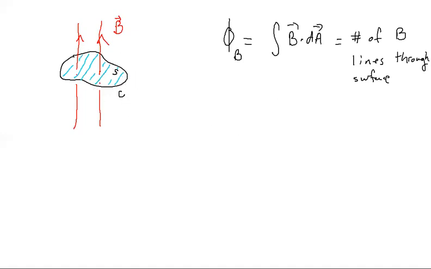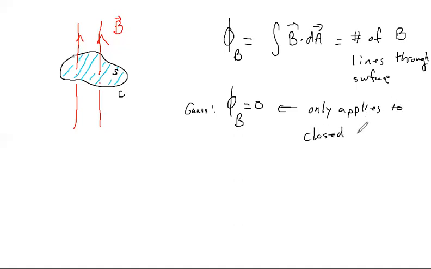Now you might be thinking, wait. We had Gauss's law for magnetic fields, which said that the magnetic flux was zero. So why are we even bothering with this? Remember, Gauss's law for magnetic fields says the magnetic flux is zero, but this only applies to closed surfaces.